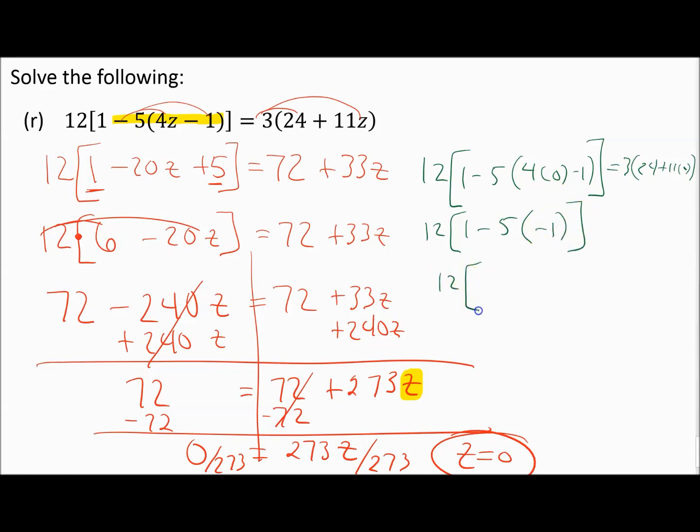That's 12 times, now this negative 5 times negative 1 is plus 5, so 1 plus 5. That's 12 times 6. 12 times 6 is 72. So the left side's 72. The right side's hard to see. I was running out of space. But that's 24 plus 11 times 0, which is 3 times 24. And 3 times 24 is 72. So this checks out.